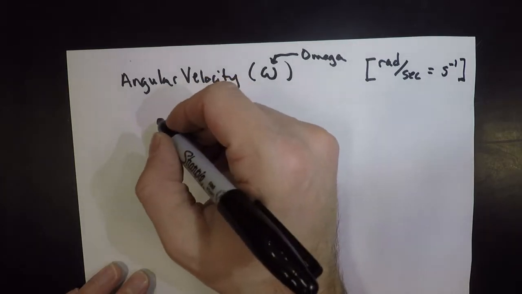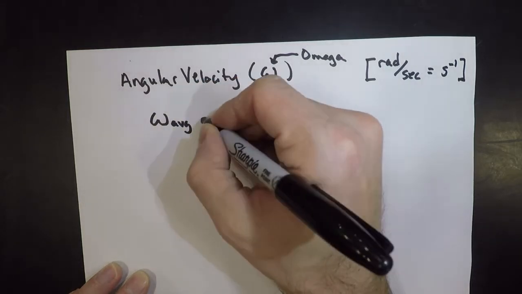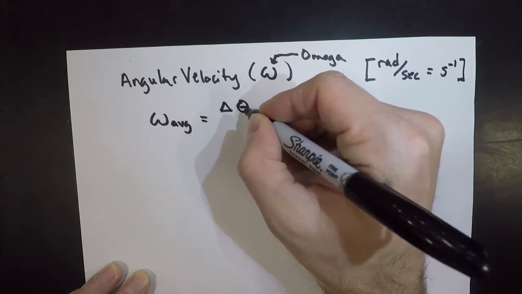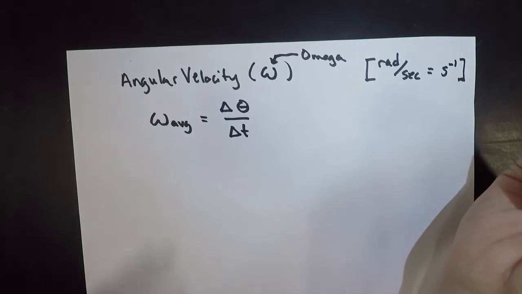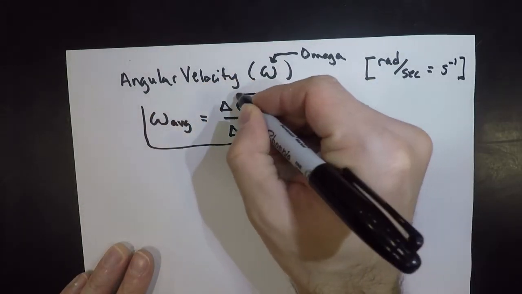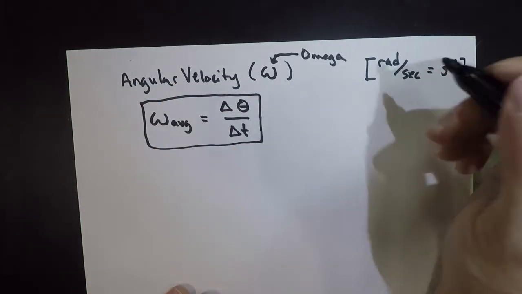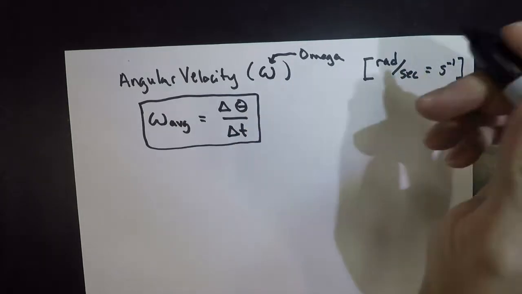So we're going to see a very similar relationship when we talk about angular velocity. The average angular velocity is the rate of change of angular position. So we can say delta theta over delta t, just like linear velocity is delta x over delta t. So here's our definition of how fast something's rotating. Okay. And figuring out how far it's rotated divided by the time gives me the rate.